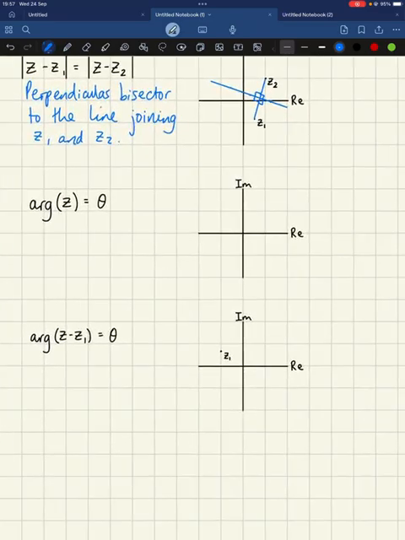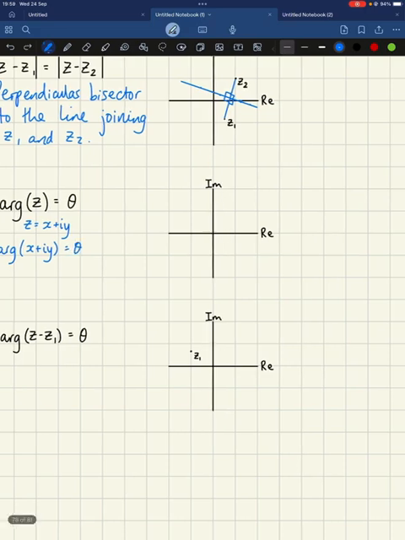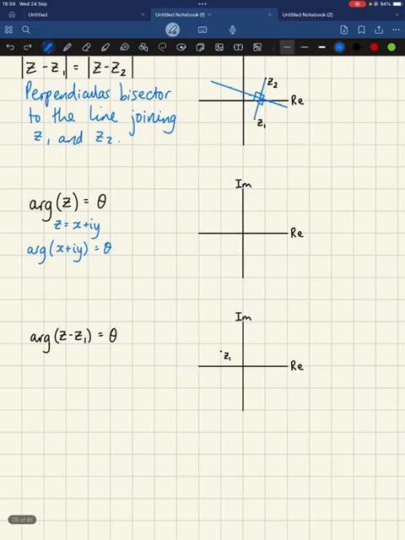Okay, now what about these ones? These are involving arguments now. So this is the argument of z, which is theta. We know that z is x plus iy, so what we're saying is that the argument of x plus iy is equal to theta. So now, let's say x plus iy was over here. So this is x, this is iy. So what we get is a line with argument theta, just like this.